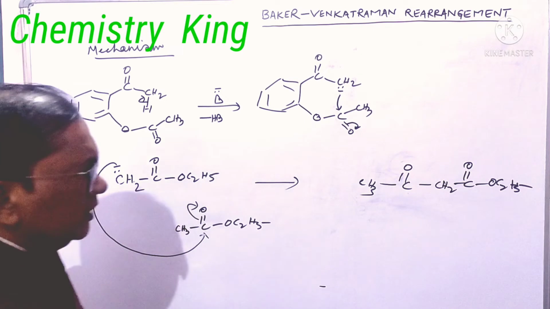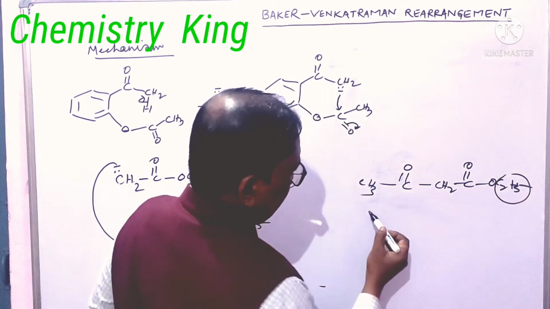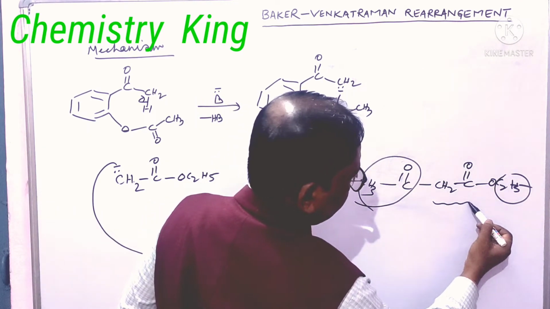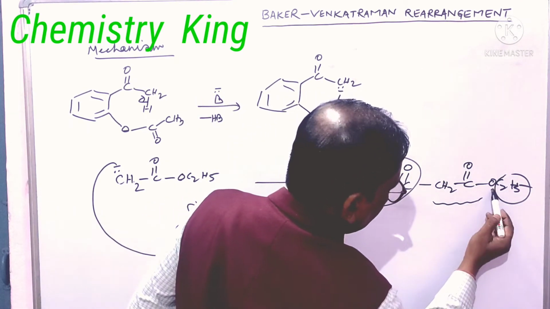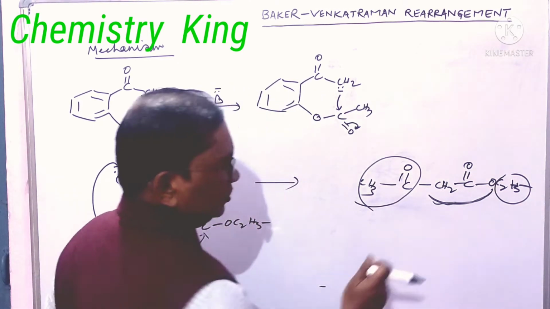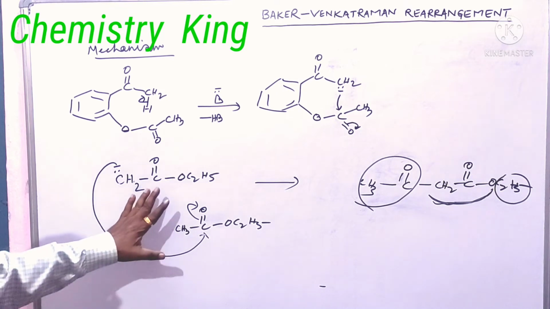What is this? It is ethyl acetoacetate, EAA. This is the best example of Claisen condensation. Okay.